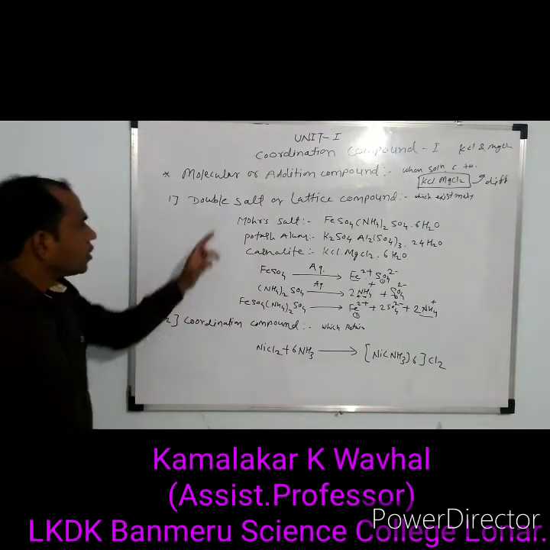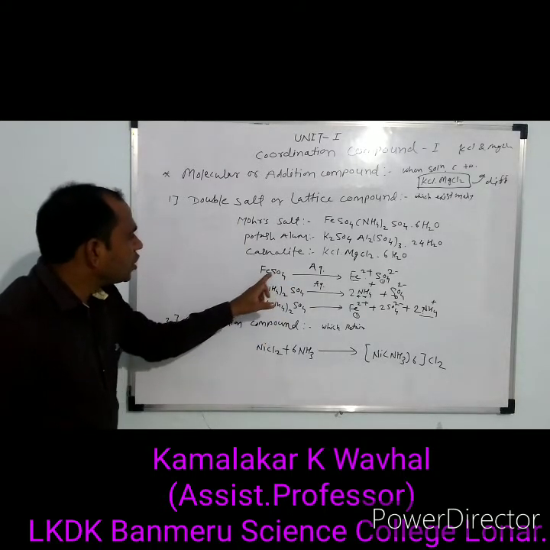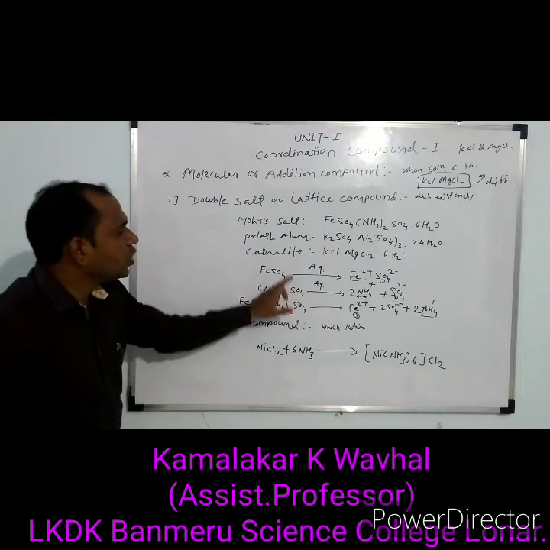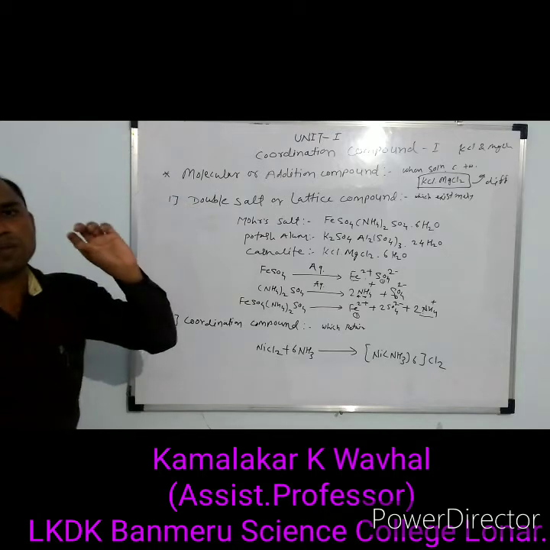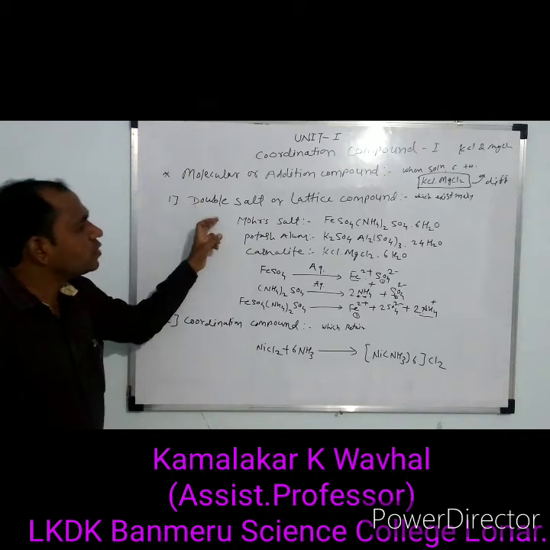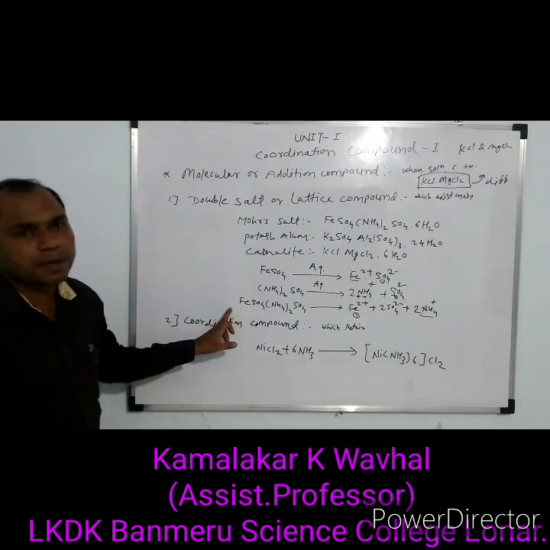It means that Mohr's salt shows properties similar to FeSO4 and (NH4)2SO4. It means that in a double salt, the properties of the parent compounds are similar to those of the formed compound, and this is the example of the double salt.